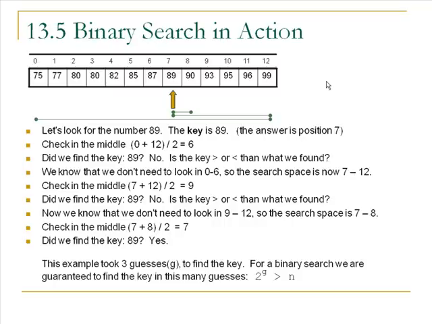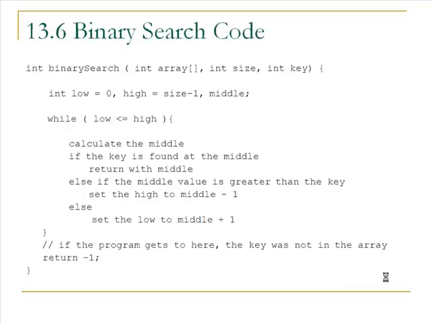Well, on average it would take n divided by 2, or 1 billion guesses, and using a binary search, 2 to the power of g is greater than n. I think it's 31 guesses versus a billion guesses. Now the difference between a linear search and a binary search is becoming very significant, even on fast computers.